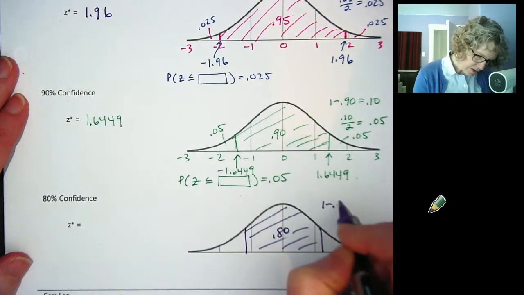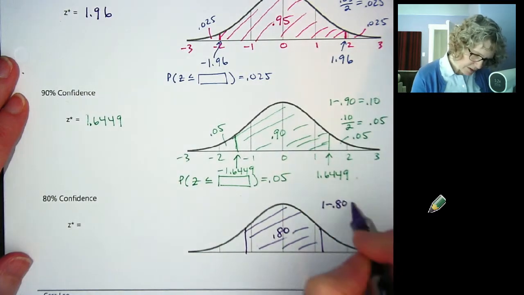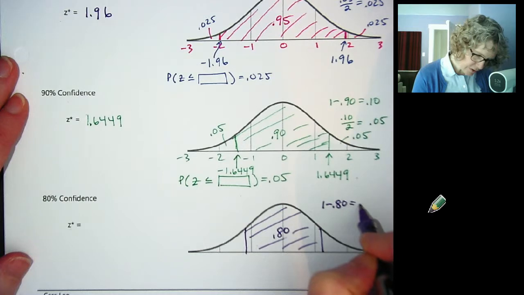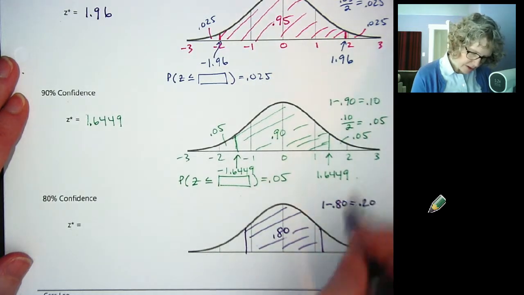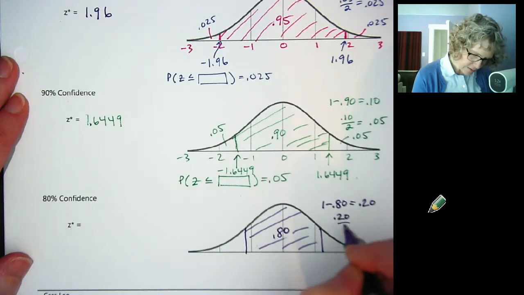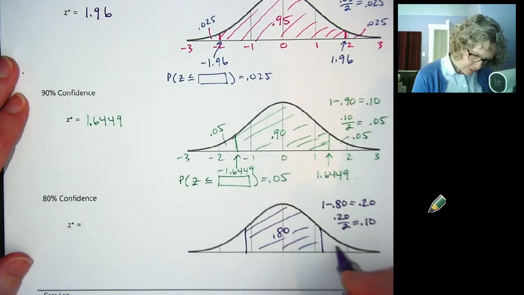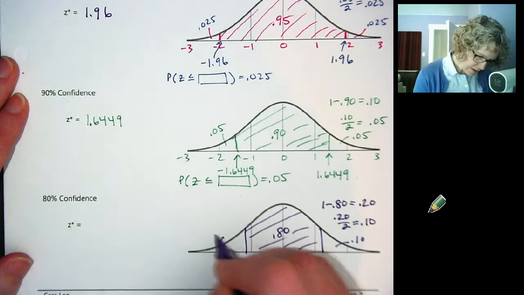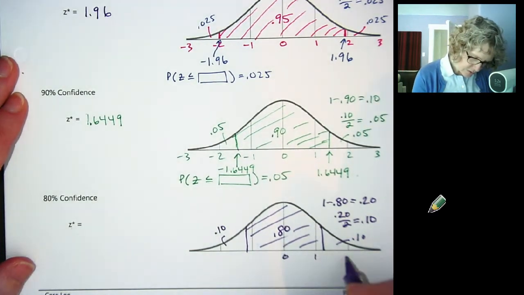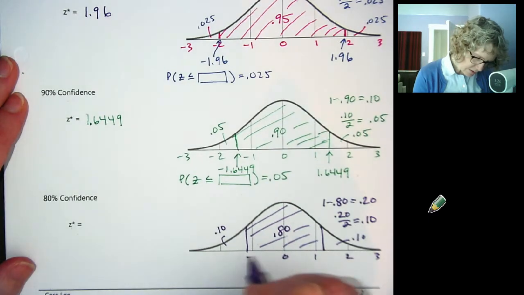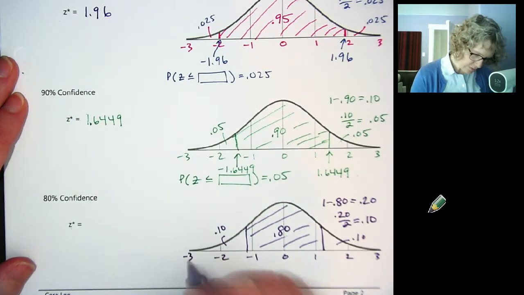So we take the complement. 1 minus 0.80 is 0.20. So 20% on the outside, and half of that is 10. So we have 10% and 10%. And I could label 0, 1, 2, 3, negative 1, negative 2, negative 3.